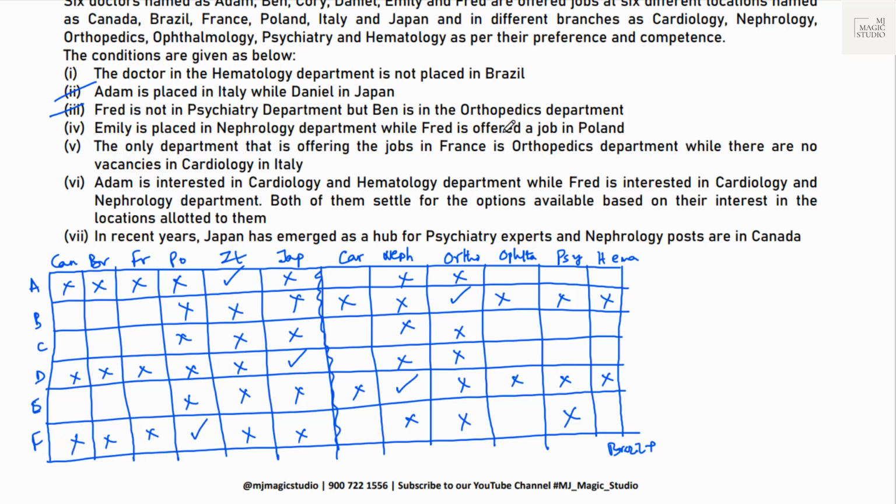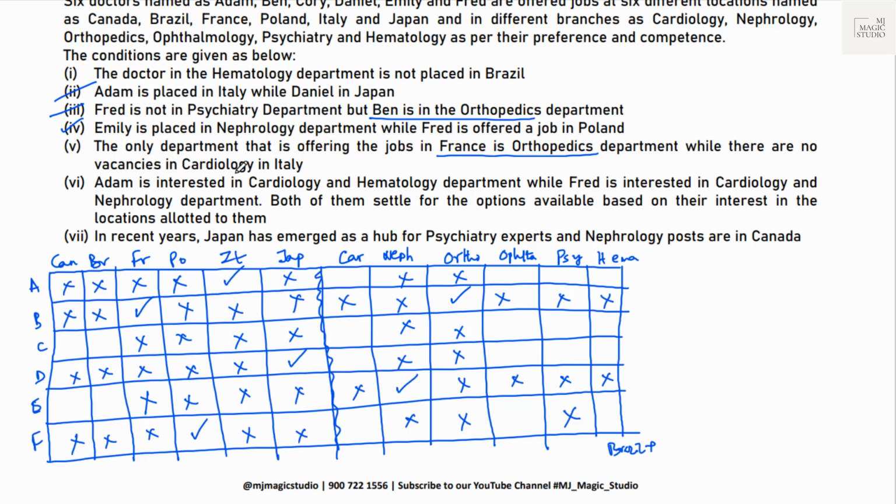Hematology is not in Brazil. So, done. Next, the only department that is offering the job in France is ortho. So France will go to ortho. Now, already Ben is in ortho and France is offering ortho. That means Ben is in France. Done.